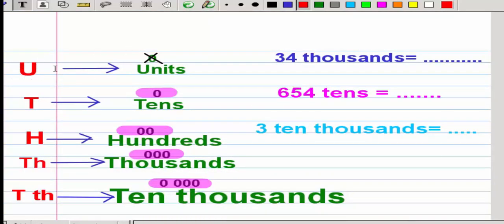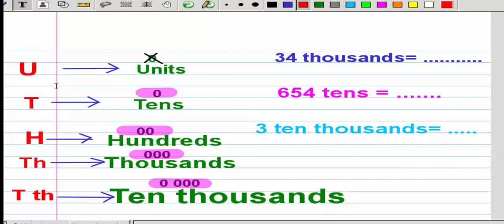U here means units. Again, U meaning units. We start with U meaning units without any zeros. T means tens, so here we write 0. 100 has 2 zeros, thousands has 3 zeros, and 10,000 has 4 zeros.